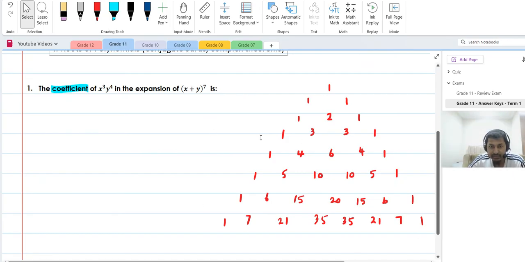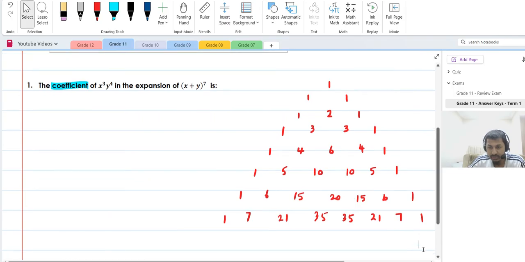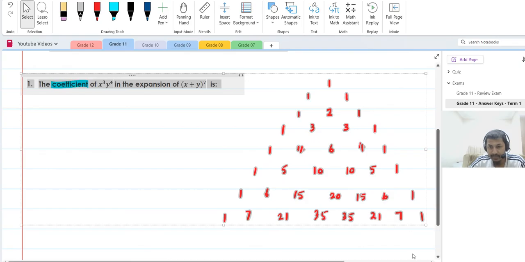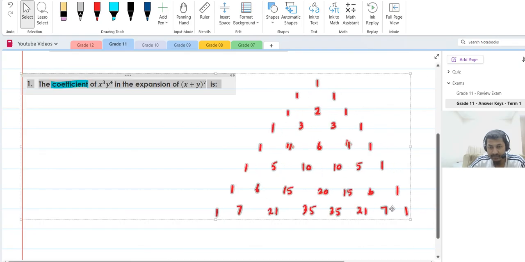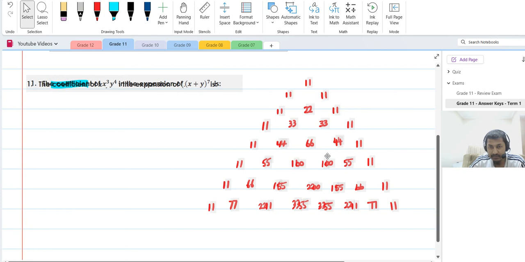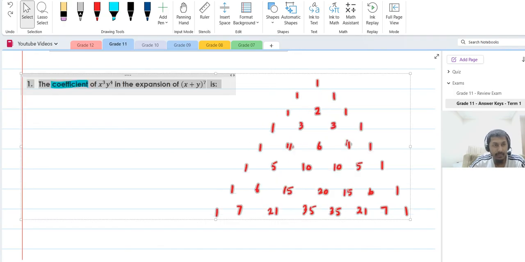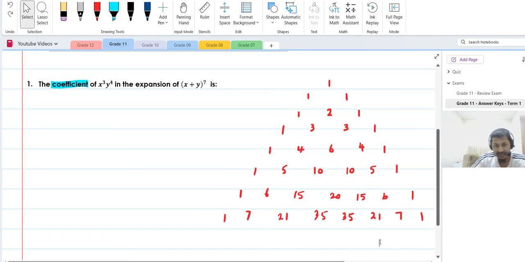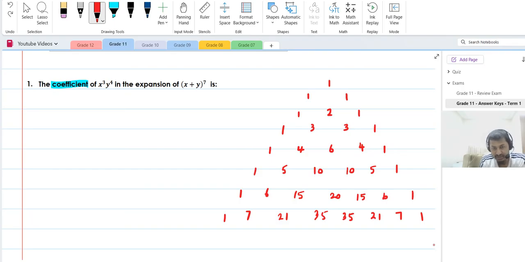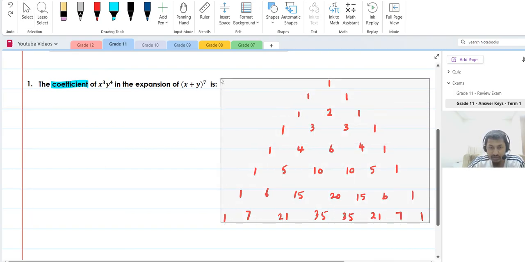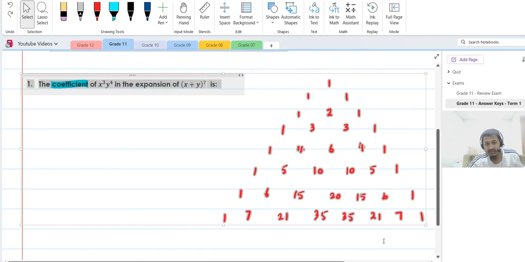Now I just make this thing a bit smaller. Right, since we have this Pascal's triangle here, which is solved to 8 rows, the last row should give us x plus y to the power 7.